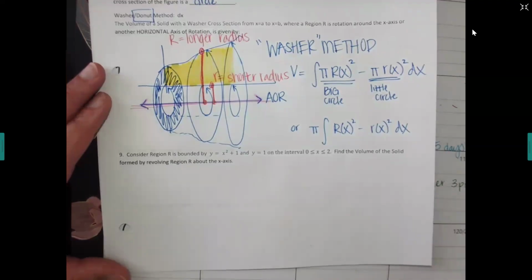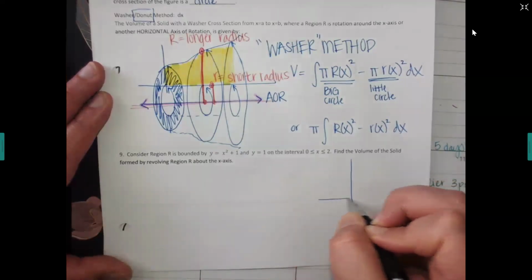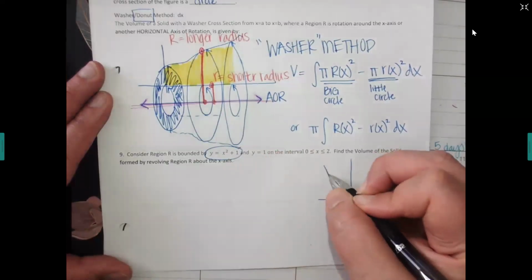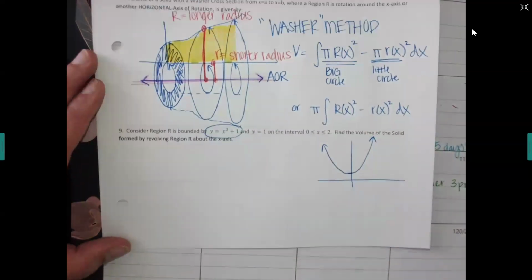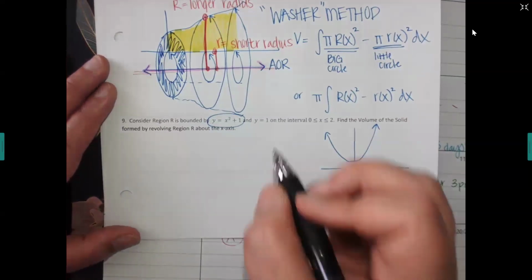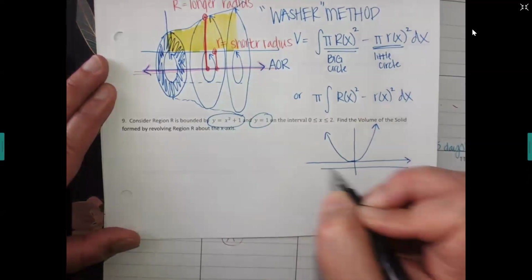All right, so let's do an example. Go to the next one. We have y equals x squared plus 1. So x squared plus 1 is going to be a quadratic starting at 1. We're going to make it go up like that. And then y equals 1 is going to be a flat line like that.